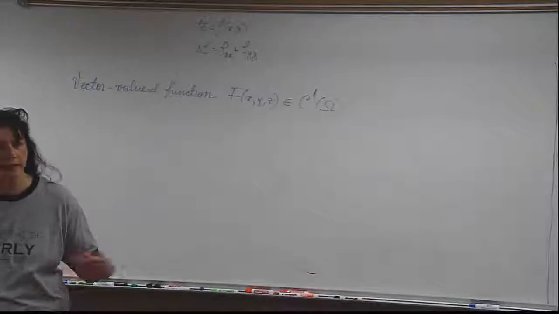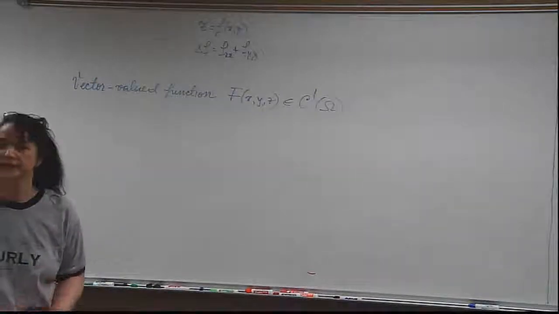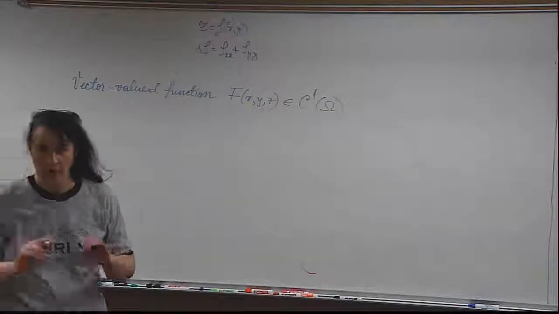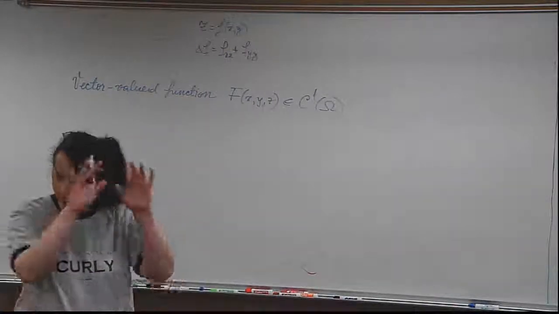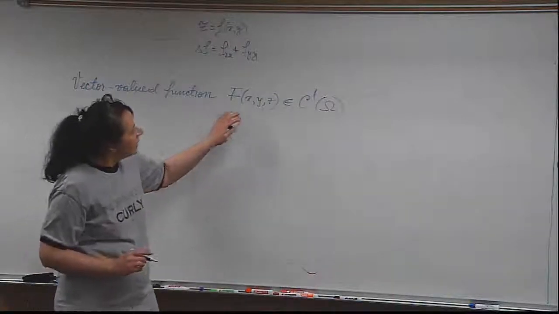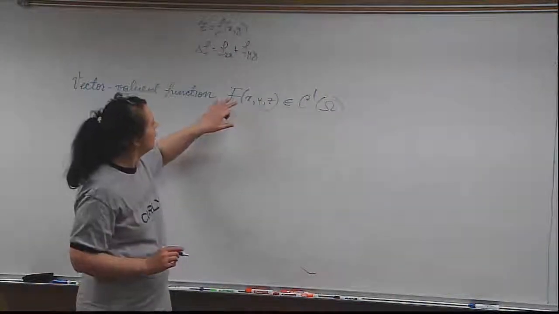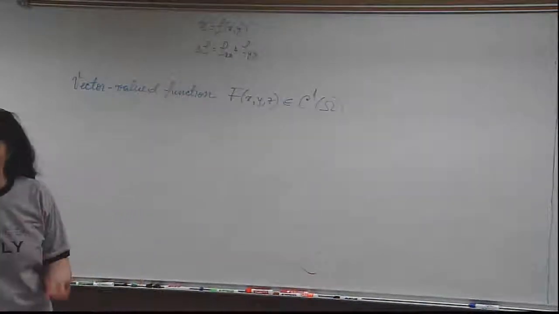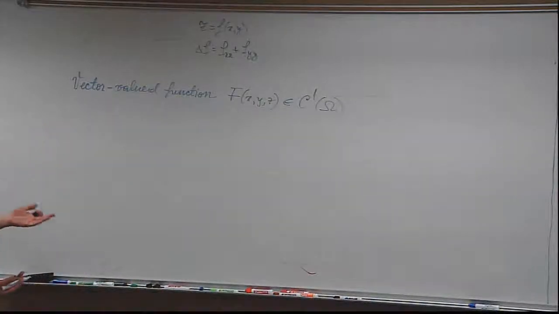Omega is the domain that your spatial coordinates live in. X, y, z live in some potato, let's say, a solid body enclosed by a closed surface. In that potato, f is a differentiable function with respect to x, y, z, and the derivatives are continuous.